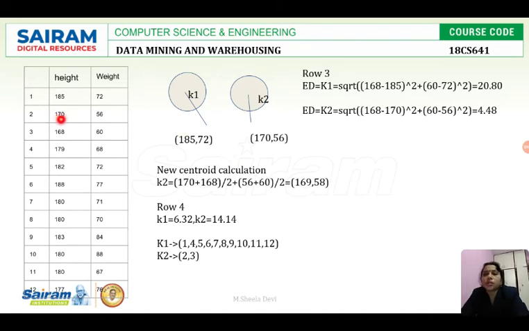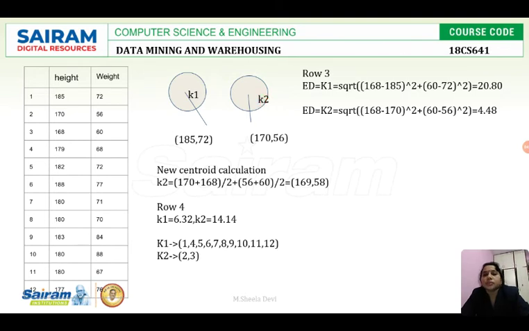The second row is 170, 56, the height and weight of the second person. So the second row will be assigned to cluster 2, that is 170, 56. This is the centroid of this cluster, and this is the centroid of that cluster.